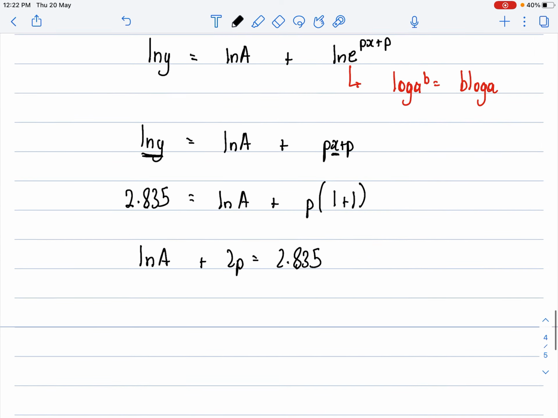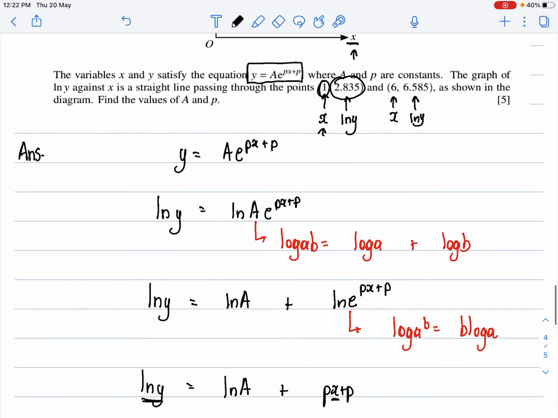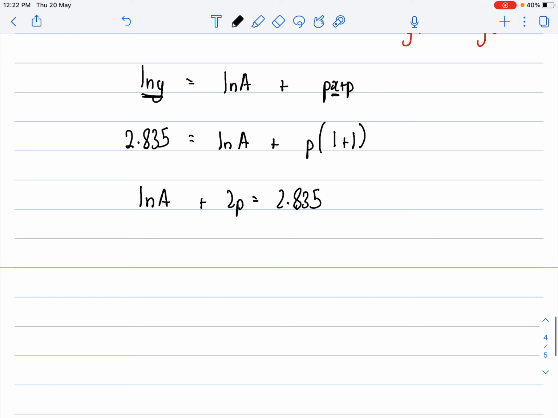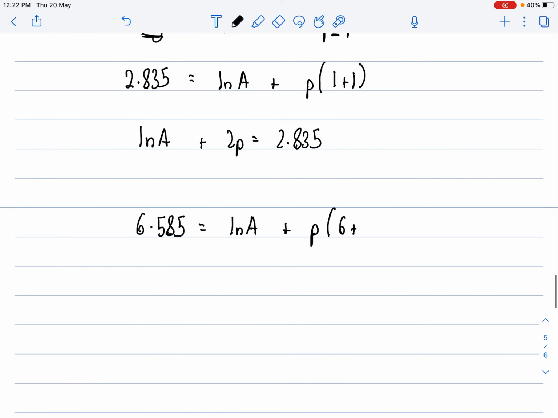Now I can take my second coordinate, which is 6.585. So I have 6.585 in the place of ln y equals ln A plus p into, I can take my x as 6, plus 1.